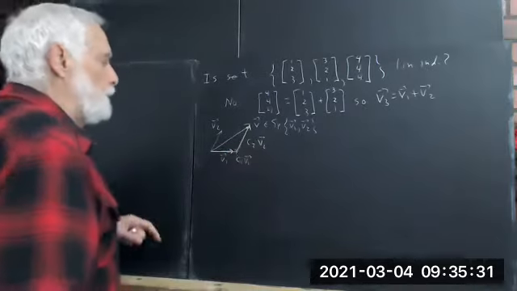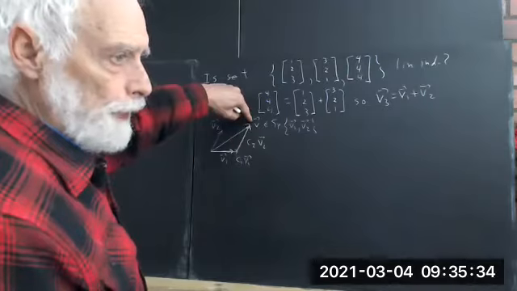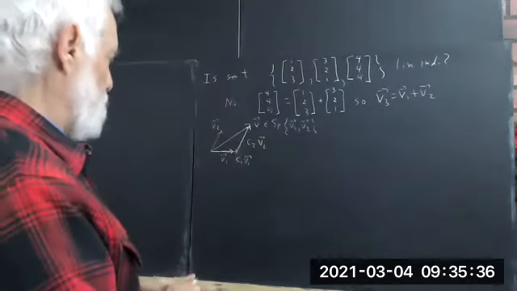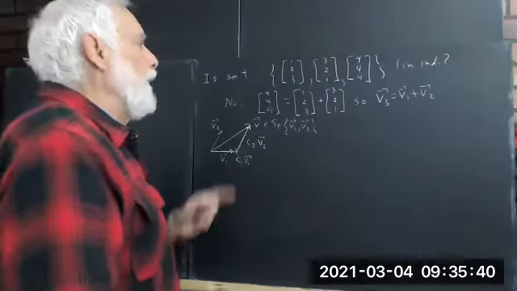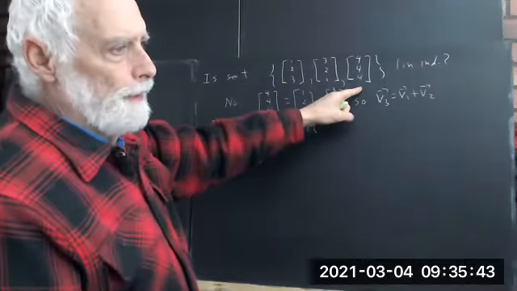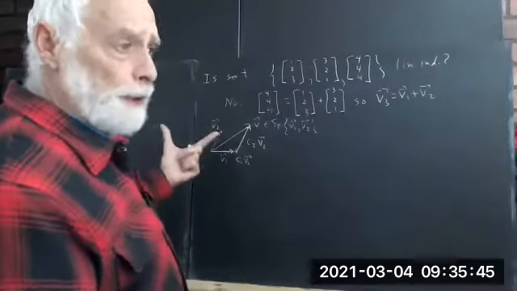Here's a C2 V2 that gets us to the vector V. Okay? Now, having V3 in this set doesn't help us get anywhere else.